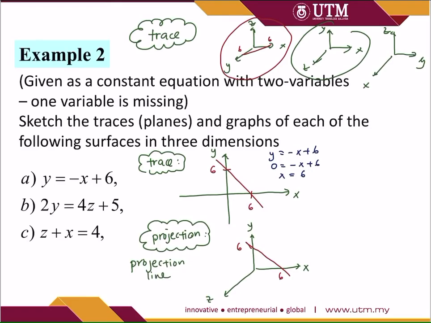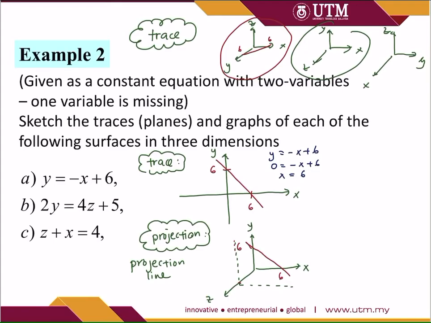Now we need to sketch the projection line. What is the projection line? Before we sketch it, we need to sketch a few lines on this one here. For example, let's say we have z at 6. What will the trace look like at z equal to 5?